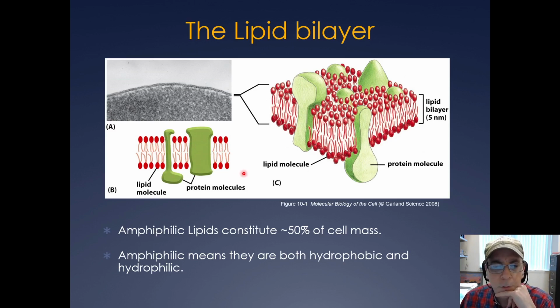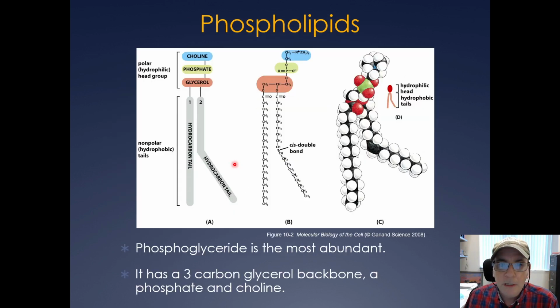One of the things you have to know about lipids is that they're amphiphilic. What that means is that they have a hydrophilic head group and a hydrophobic tail group. These two little legs coming off are the hydrophobic tail, and the red egg shape here is the hydrophilic head group. If you look chemically at the different phospholipids, they're all relatively similar in a lot of ways.